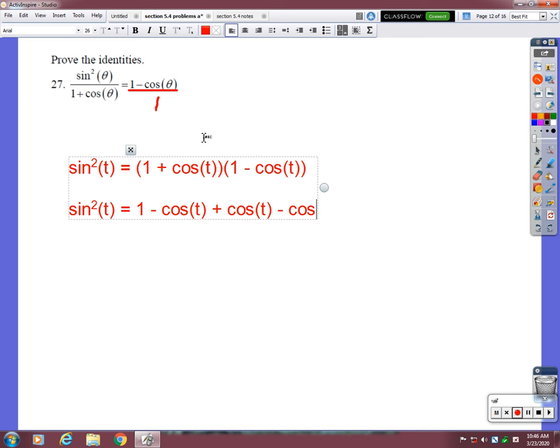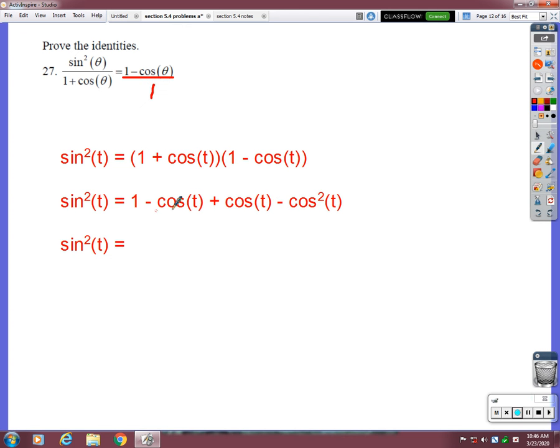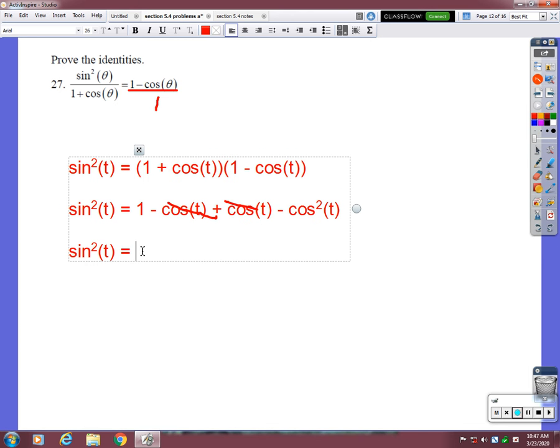And last times last is cosine squared of t. Okay? Alright, so again, the stuff on the left stays as sine squared. The stuff here in the middle is going to cancel. So that would leave me with 1 minus cosine squared.